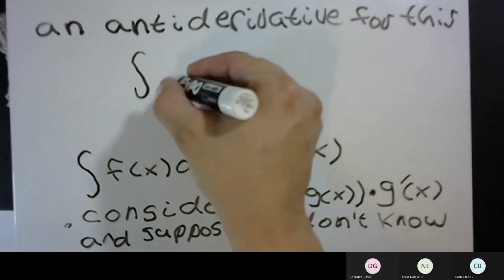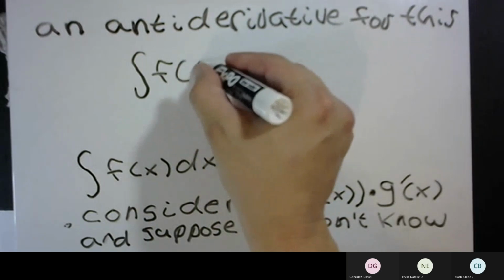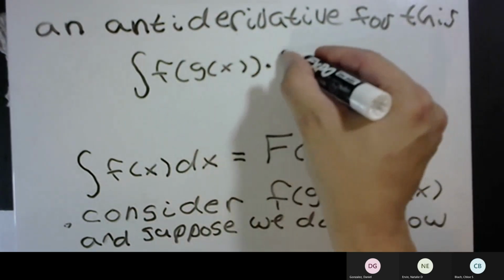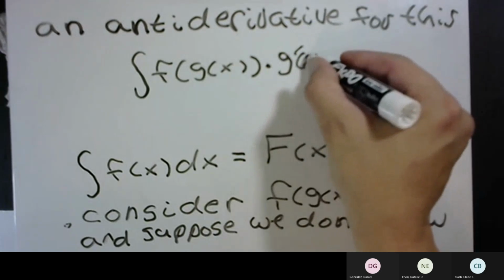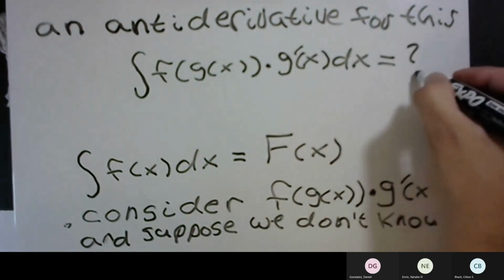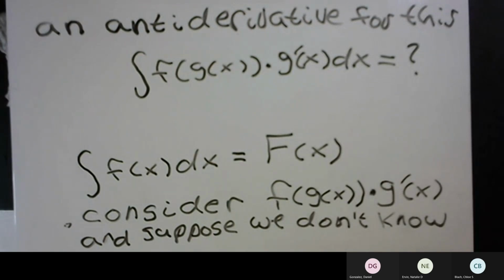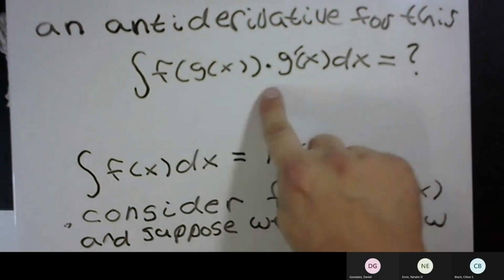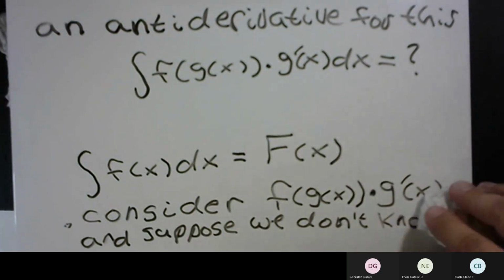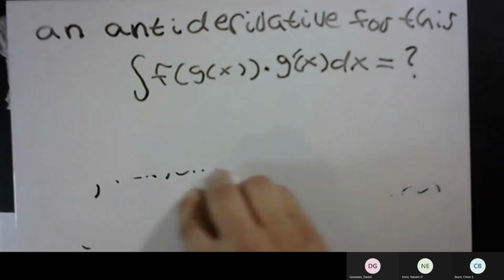So in other words, if we integrate this peculiar function, we don't know what we're going to get. Which, to be fair, is a lot more complicated than integrating just plain f of x. But we're going to come up with a trick. And this is how the trick works.